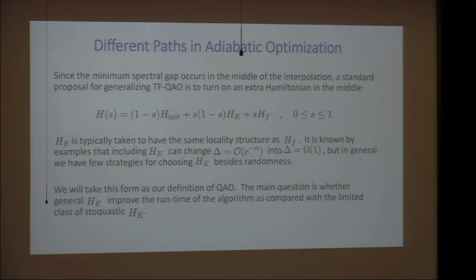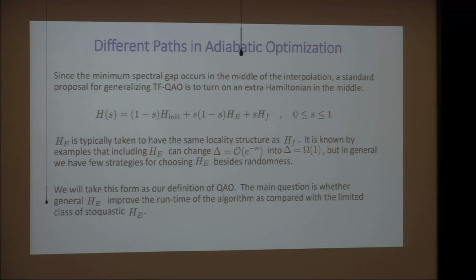Now, since the minimum spectral gap always occurs somewhere in the middle of this interpolation, a standard proposal for generalizing transverse-field quantum adiabatic optimization is to turn on an extra Hamiltonian somewhere in the middle. Because the initial Hamiltonian is classical and the final Hamiltonian is classical, both of them have a large spectral gap, so let's turn on this extra Hamiltonian in the middle, and hopefully, in some cases, that might increase the spectral gap. So now there's this s times 1 minus s that is maximized when s equals a half.